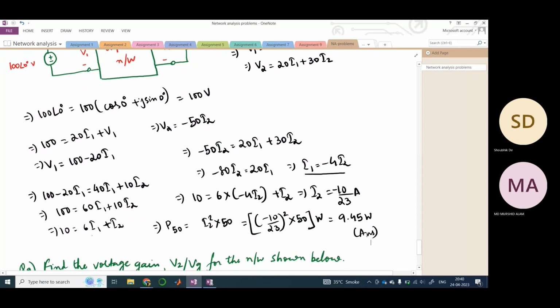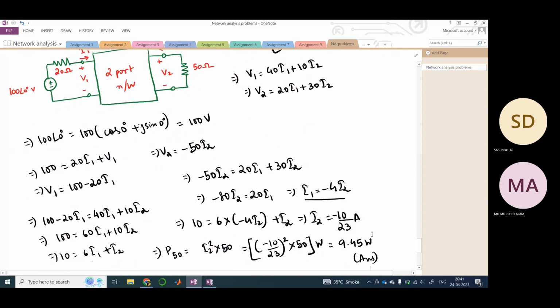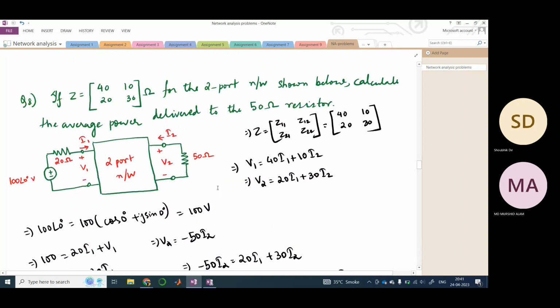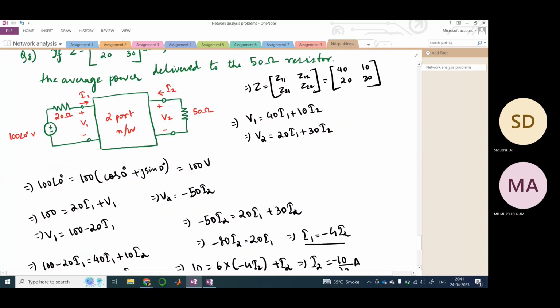So this is the solution. See, this is a pretty simple problem provided you know how to deal with the equations at this port and this port. You will definitely get some problems where you don't know what is the circuit inside this two port network, but you know the equations relating the two port parameters and the equation of the circuit outside this two port, right?